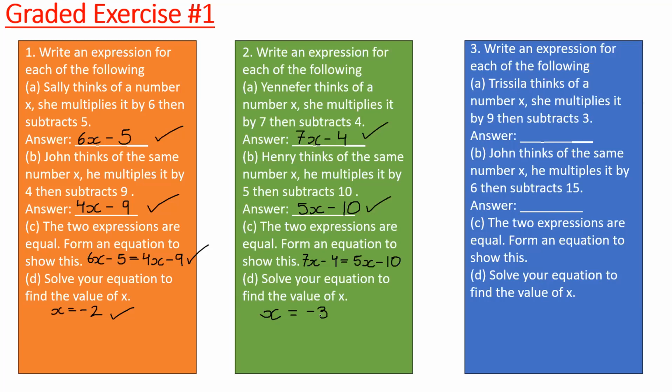Then I subtract 7x from 5x and I got 2x, and then I subtract -10 from 4 and I got -6. I divided 2x by 2 and -6 by 2. Cancel out the 2, I got x equals 6 divided by 2 is 3. So I got -3, all negative together.